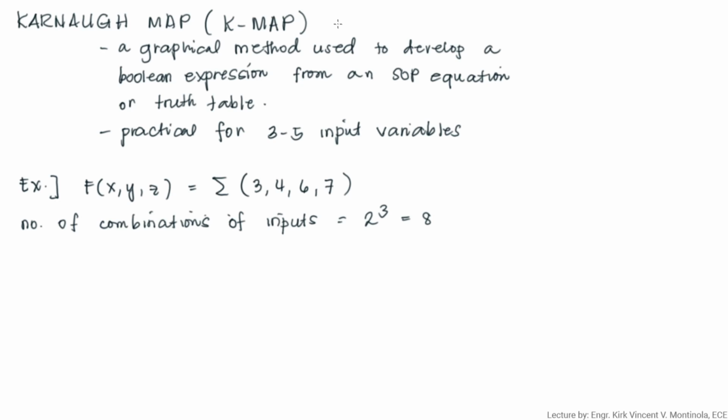From our previous lectures, we used the SOP and the POS method to obtain the Boolean expression from certain functions. But for this lecture, we'll be discussing a graphical method used to develop the same Boolean expressions in an easy way, that is called a K-map.